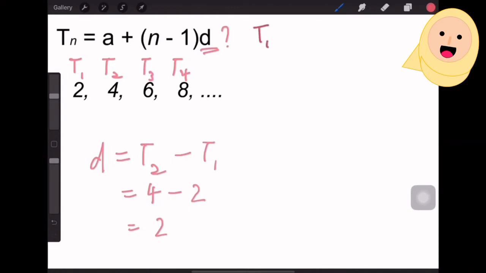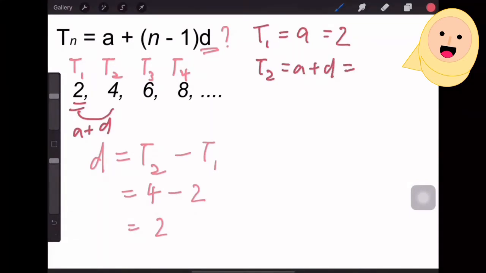So the first term, we all know, is A, which equals 2. The second term is A plus D, which equals 2 plus 2 equals 4.